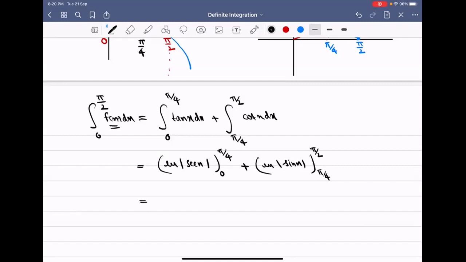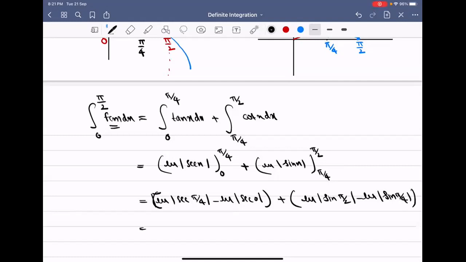So this is ln of mod of secant of pi by 4 minus ln of secant 0, plus ln of sin of pi by 2 minus ln of mod of sin of pi by 4.